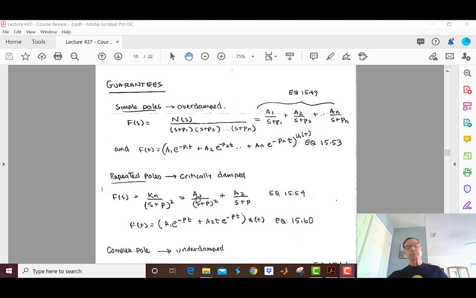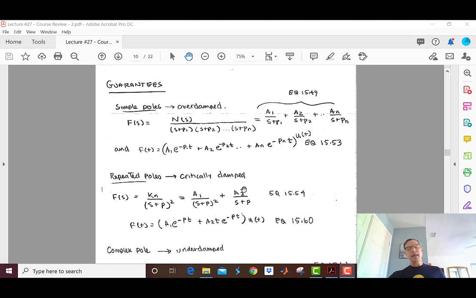And once we get it in this form, these inverse Laplace transforms are a little harder than these, but it's still easy. A1 over (s plus p) quantity squared is going to refer to this one here, and I believe this A2 should be an A1.